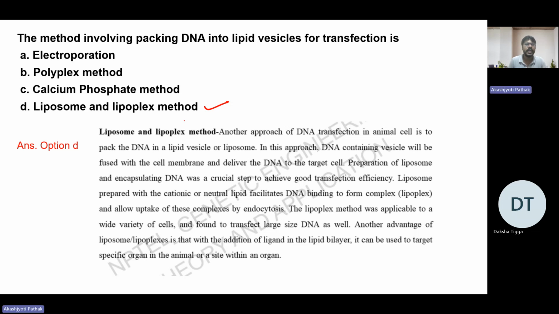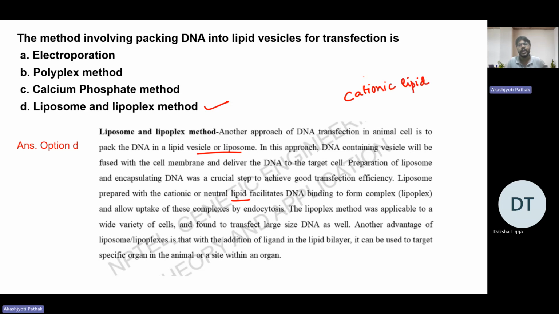So pack the DNA in a lipid vesicle or liposome. In this approach, the DNA-containing vesicle will be fused with the cell membrane and deliver the DNA to the target cell. The preparation of liposome and encapsulating DNA is a crucial step to achieve good transfection efficiency. So liposomes are prepared with cationic or neutral lipids. These are lipofectamine, which are cationic lipids, or they can be neutral lipids also, but mainly cationic lipids.